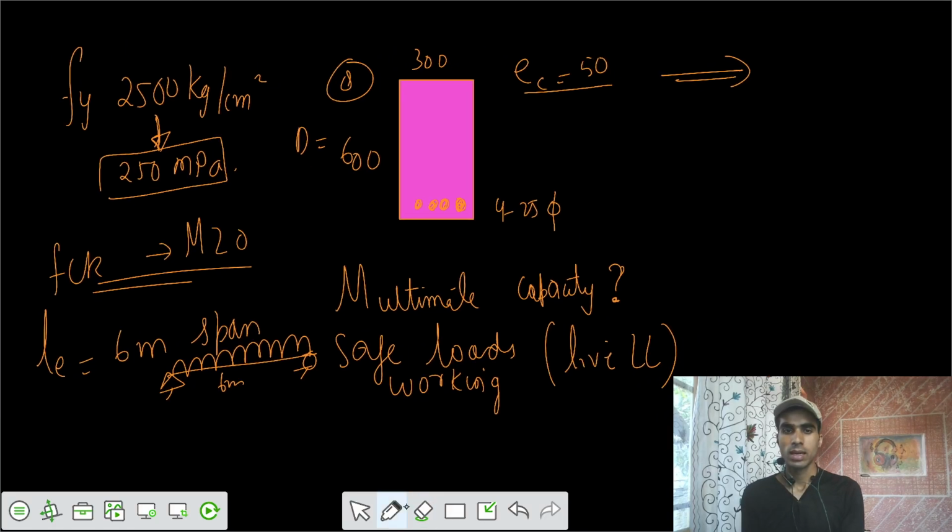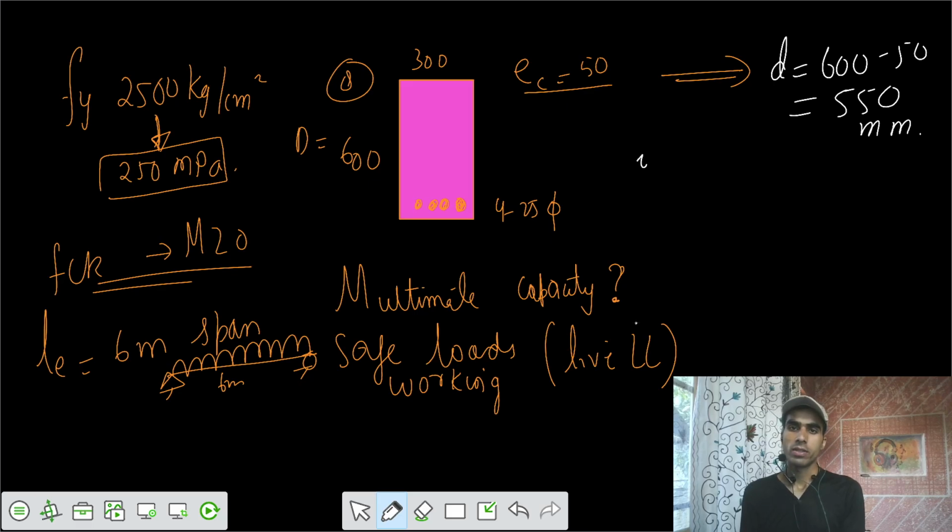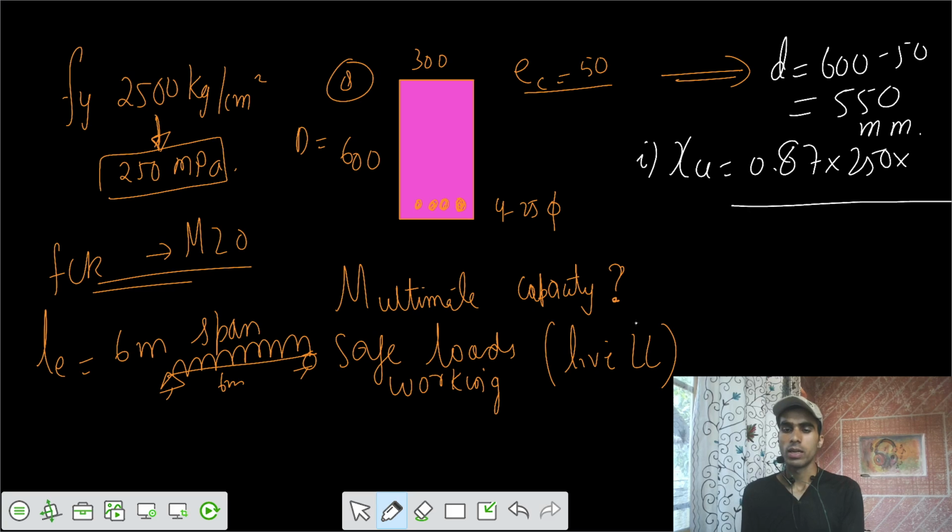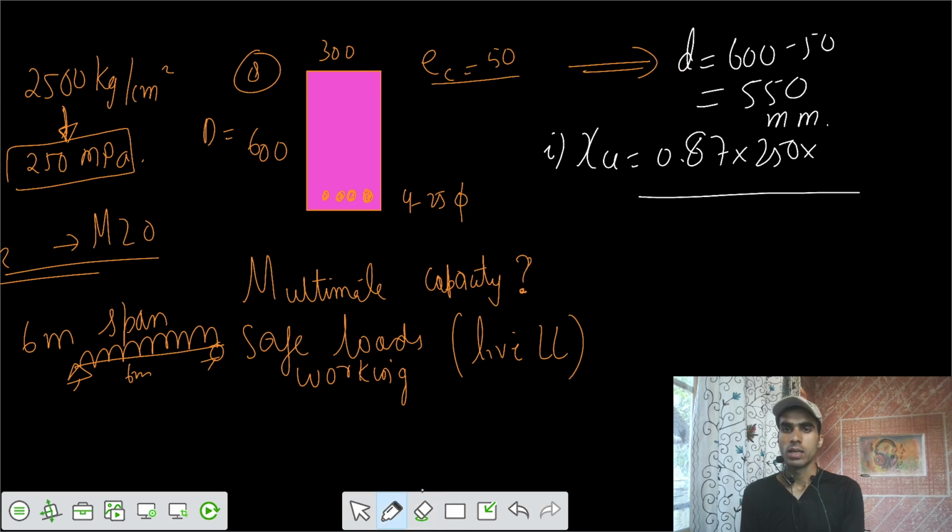The effective depth would be 600 minus 50, the effective cover, which is finally 550 millimeters. The first step is to get the value of Xu, that is 0.87 fy Ast, which is pi by 4 times 25 squared times the number of bars, 4, divided by 0.36 fck into b.